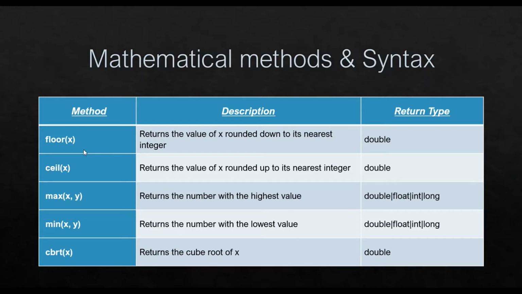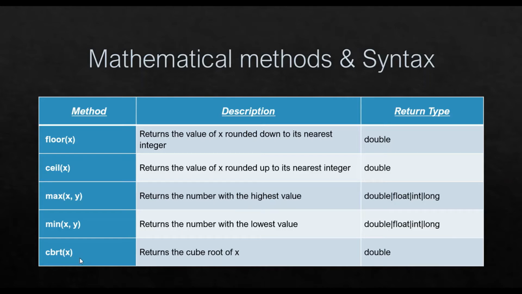If you take the floor of 5.5, then the lower side is 5, so it returns 5.0. ceil rounds the value up, so if you write 5.2, the upper value is 6, so it returns 6.0. Similarly, max of x and y gives the maximum value between two numbers. The opposite is min of x and y, which returns the lowest value. cbrt is the cube root of the number.